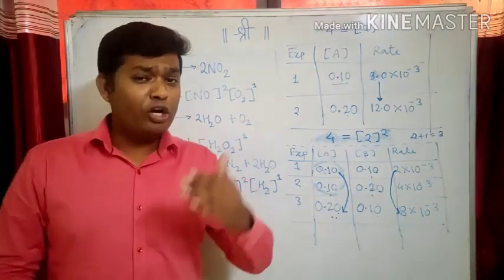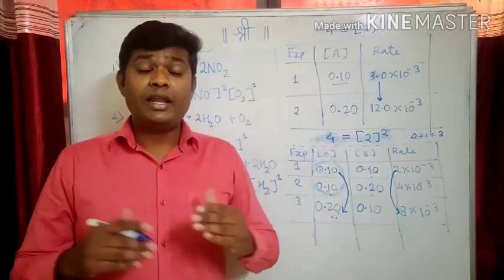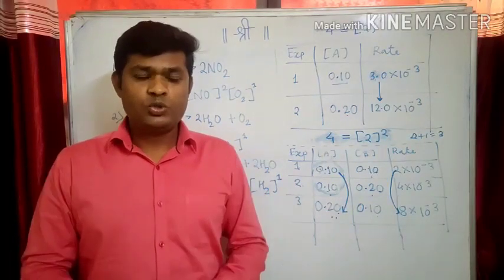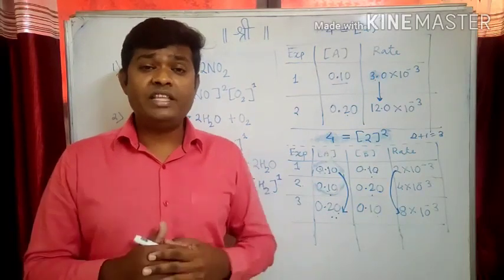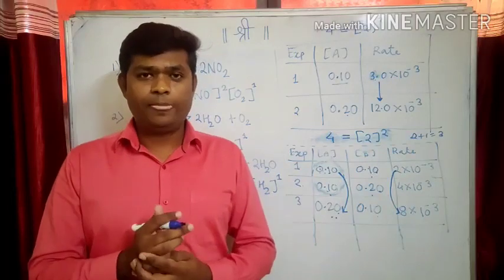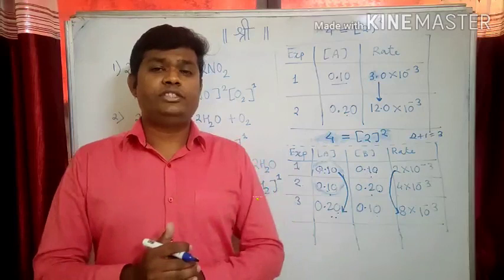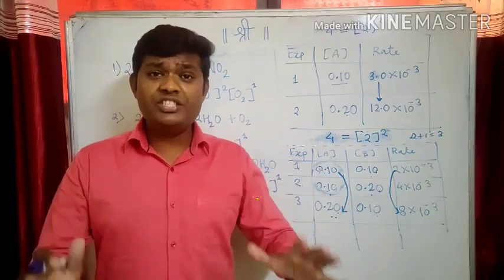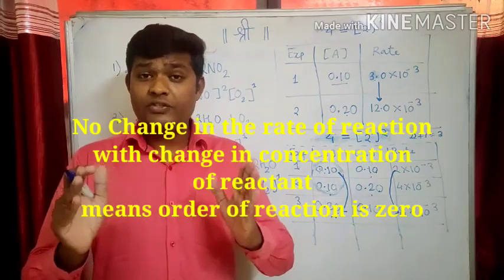Friends, order can be 1, order can be 2, order can be 3, a reaction can be nth order. This can be determined by observing the effect of concentration on the rate of reaction. Friends, as I discussed, if there is a change in concentration and there is no change in the rate of reaction, it means that the order is 0.